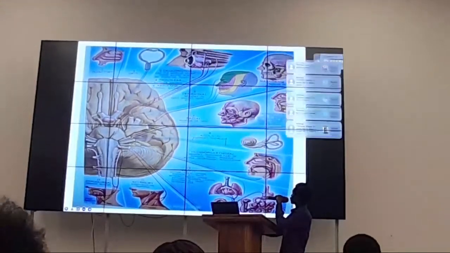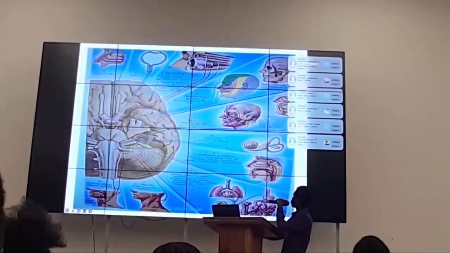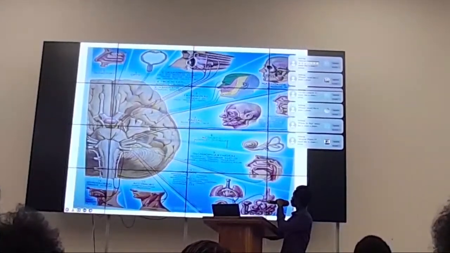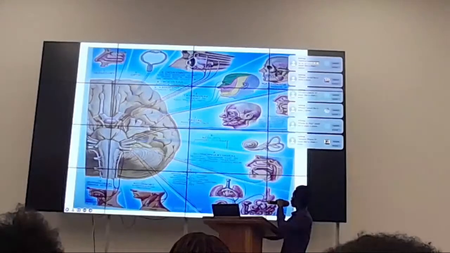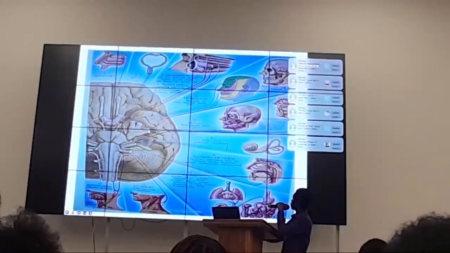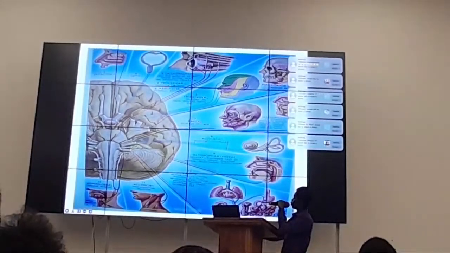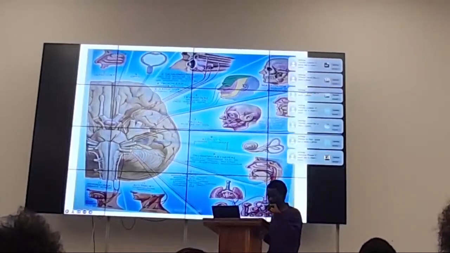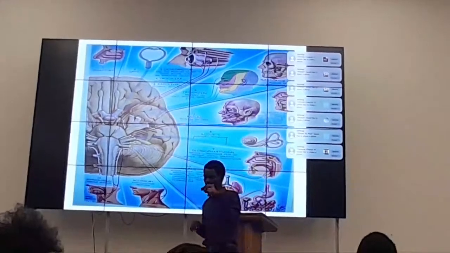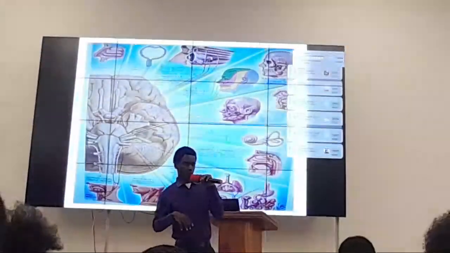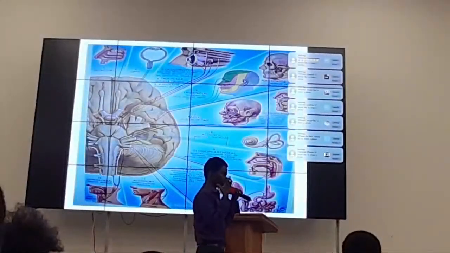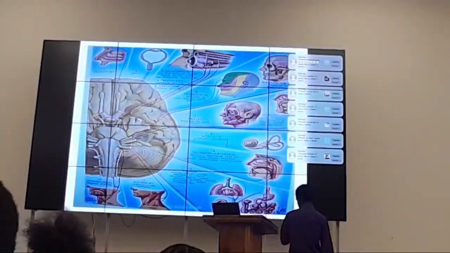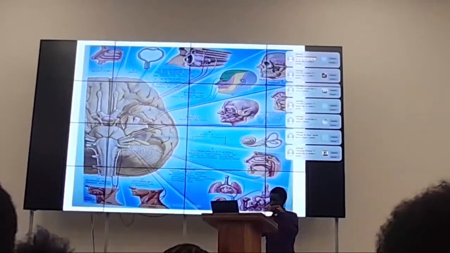Any sensation from this green region will pass through the ophthalmic. Any sensation from this pink region, maxillary. And this one, mandibular. So ophthalmic and maxillary are purely sensory, but mandibular is both sensory and motor. Motor to control muscles of mastication, muscles which control chewing. Okay?